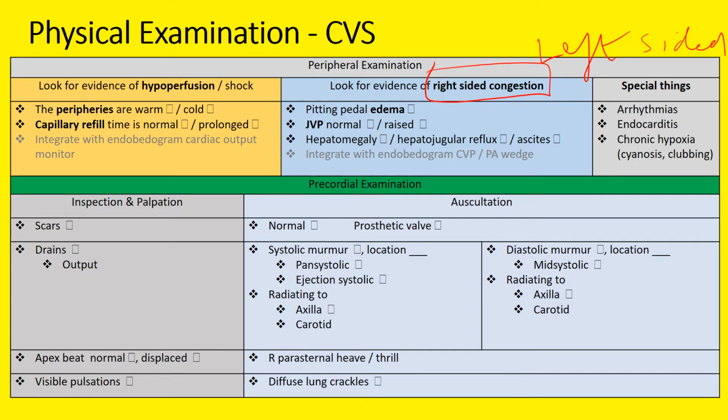So in the end of bed, if you found that the CVP was 2, and the cardiac output monitor showed a cardiac index of 0.5 liters per minute per meter square, then you can say he clearly has a low cardiac output state with a low CVP that suggests hypovolemia, and the peripheries are really cold and capillary refill time is prolonged or whatever. Okay. Then for peripheral examination, you're mainly going to look for left-sided congestion.